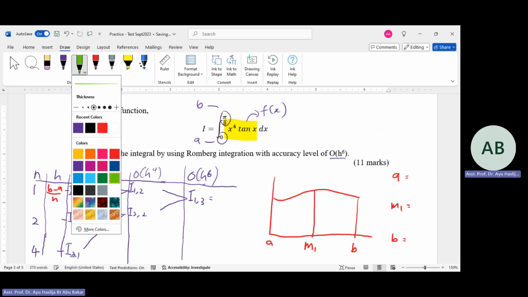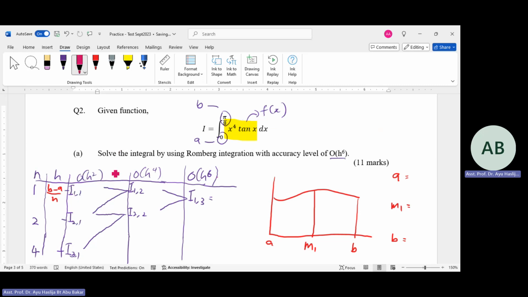Next, I use a different color. When you have N equals 4, you divide into 2 more. That's how we get midpoint number 2 and midpoint number 3, so you require M2 and M3 as well.